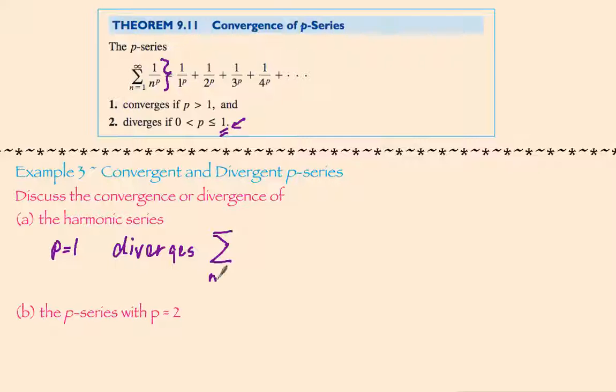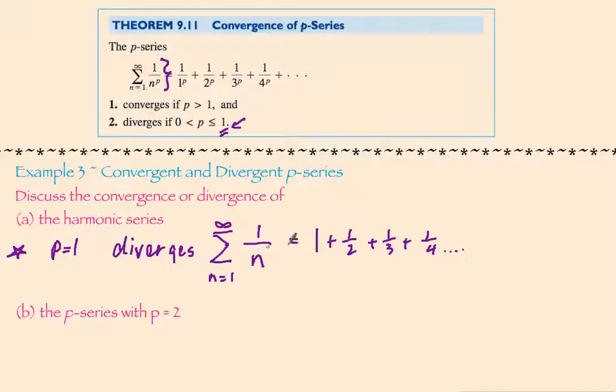We're going from n equals 1 to infinity of 1 over n, or n to the 1, where p is equal to 1. These terms are 1 plus 1/2 plus 1/3 plus 1/4, etc. And it seems as though, since these terms are getting smaller and smaller, that maybe it will converge, but it doesn't.